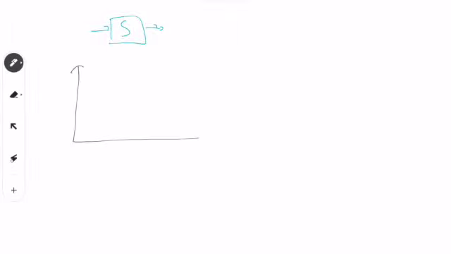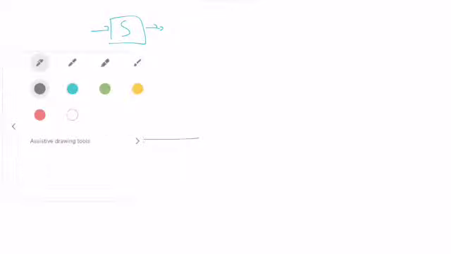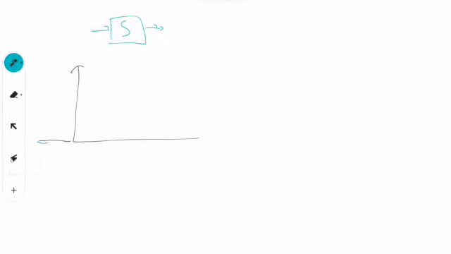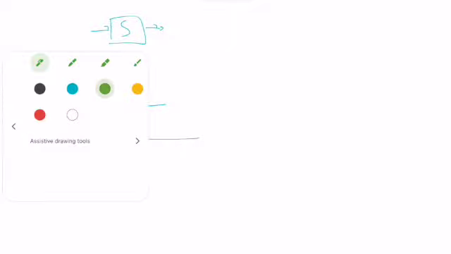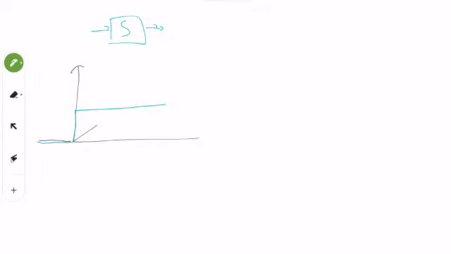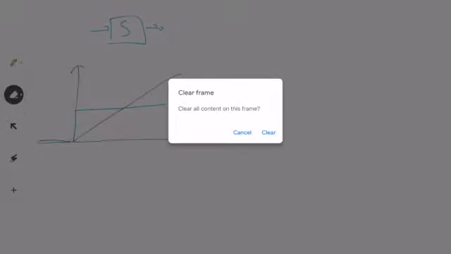Let's assume that my input is simply a unit step. This is my input. In the first case, I look at the output, the actual output, and I truncate it.